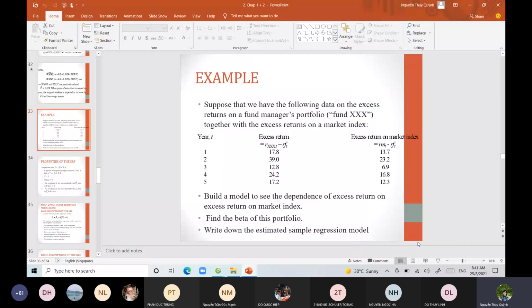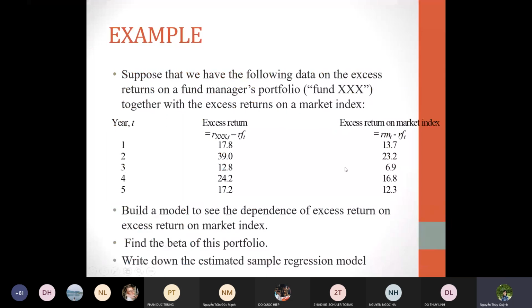We want to know the dependence of the excess return on a portfolio, how it depends on the excess return of the market index. You can do this at home. If you have any questions, you can ask me. We have 5 observations on the excess return of a portfolio and the excess return on the market index.